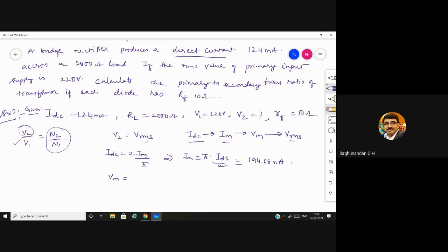After this, VM. VM is equal to IM into RL plus 2RF. Okay, because it is bridge rectifier.